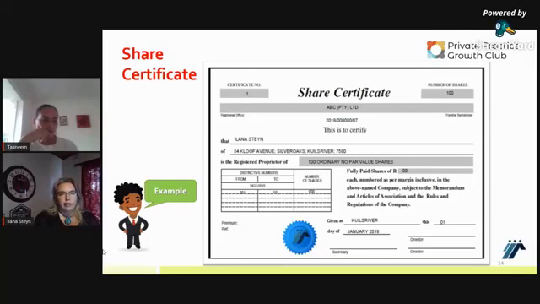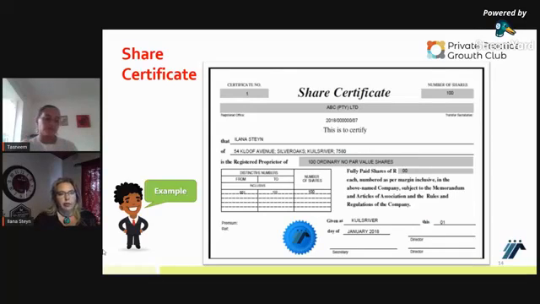Then it will indicate that I am the shareholder of the company, and then my address details. Below that, it will show you the amount of shares written out that I currently have in this organization. You will also see that it says fully paid shares of R0, which means it's no par value shares. Then it will also indicate the section that says distinctive numbers, 001 to 100, indicating 100 shares.